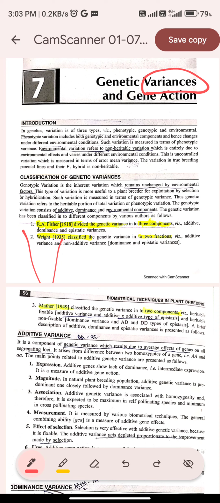But what is variation? Variation means how one thing is varying from another when you are measuring two things. Suppose the expected value is something like 20, and the observed value comes like 15.